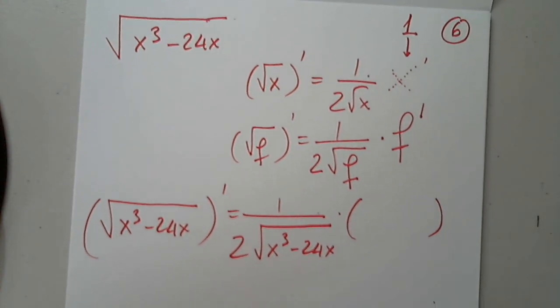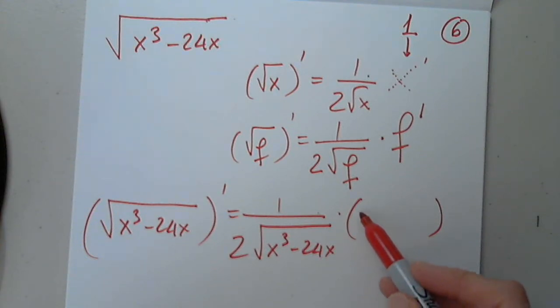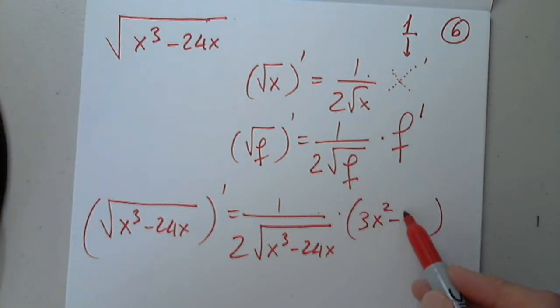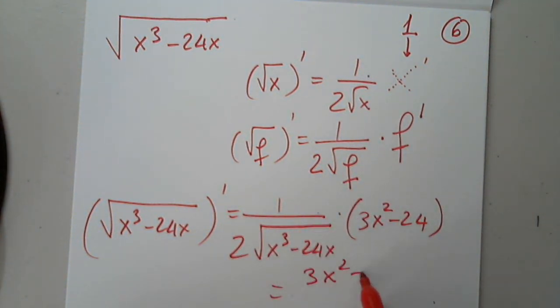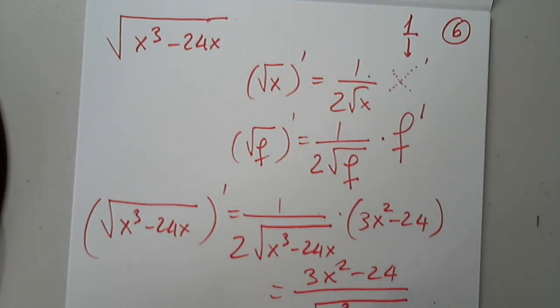Times what? 3x squared minus 24. That's it. You can rearrange it, put it here if you like. It doesn't matter. It's not going to change anything unless you can simplify the square root of x cubed minus 24x.